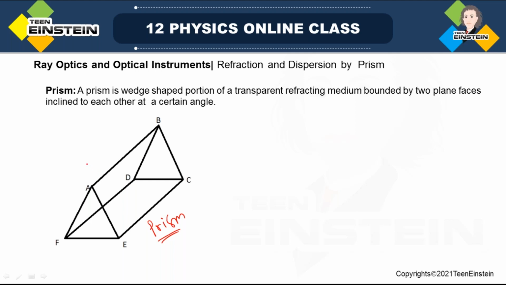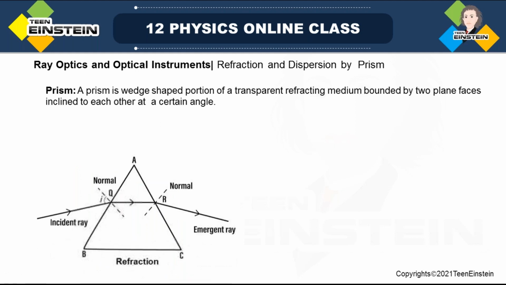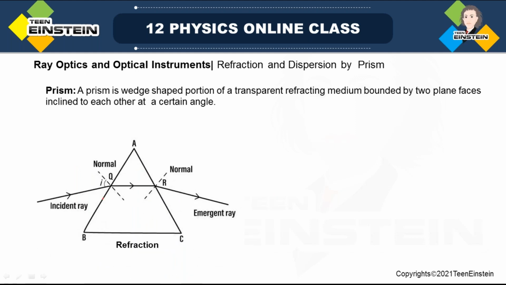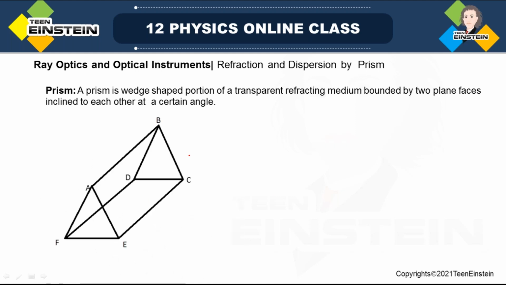If you chop this up, you just cut like this, you will get a triangular shaped prism. If it is very thin, then it will look like a triangle only.